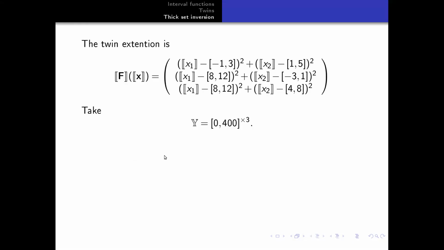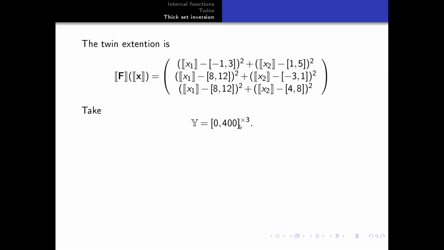From this, I build the twin extension, where I replace x1, x2, my position, by twins like this, and the set I want to invert is given by this box.